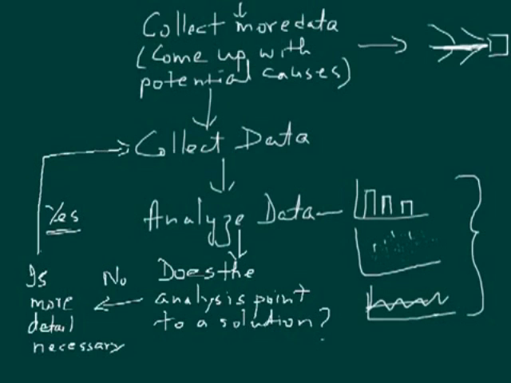So once you find out if the analysis that you did points to a solution, then you may want to implement the solution, and then continue with your PDCA cycle.